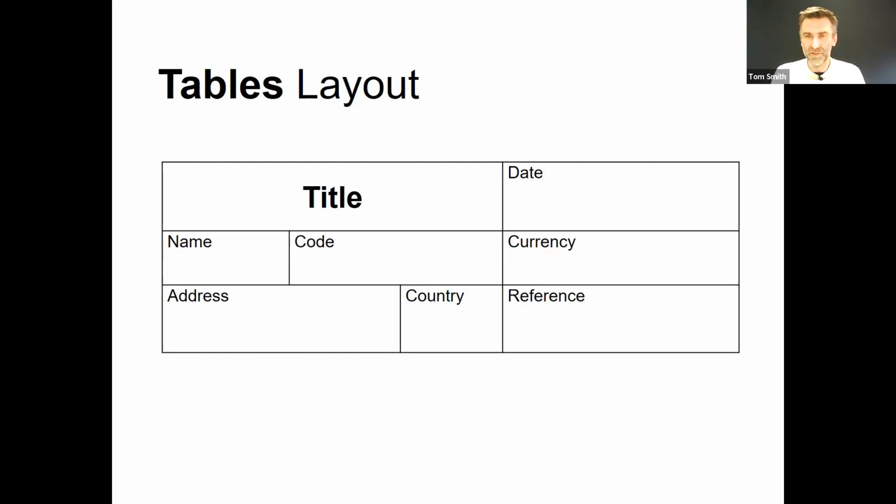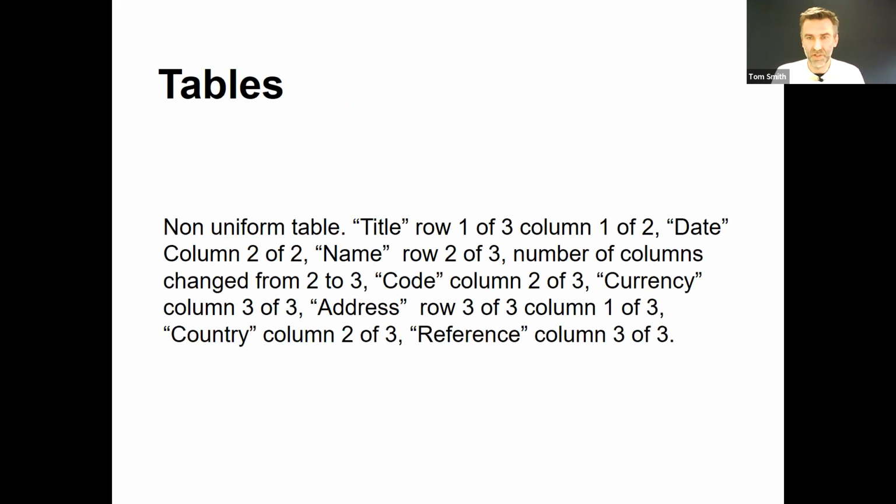Probably the two things we say to try and avoid when using table data from an accessibility point of view is having merged cells. That's when it starts getting confusing. If we go back to the text version, it says, number of columns changed from 2 to 3.